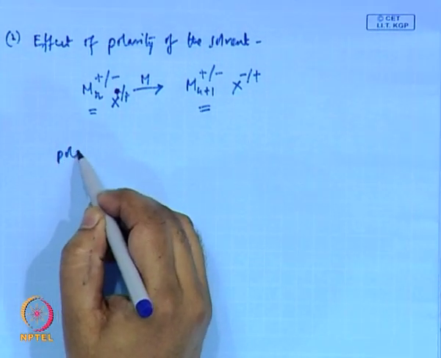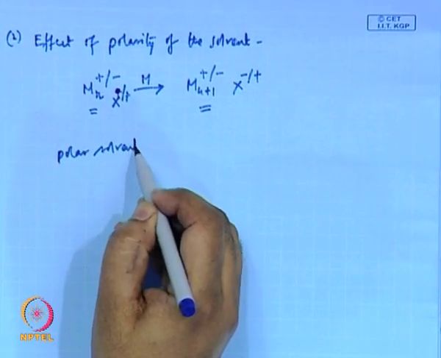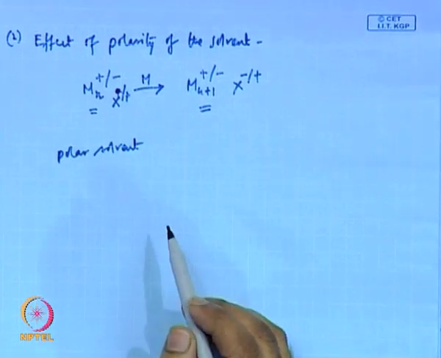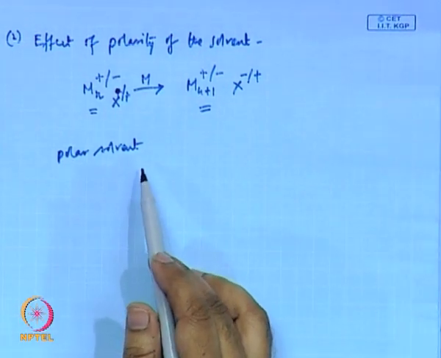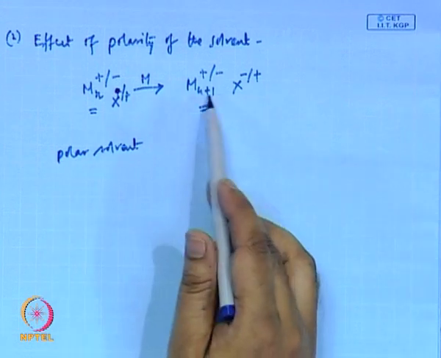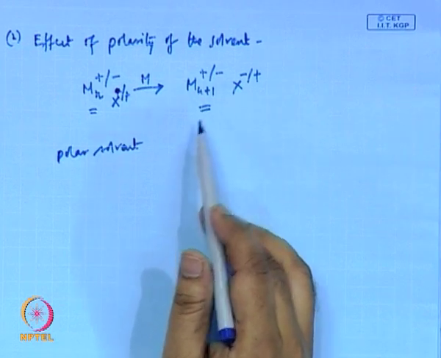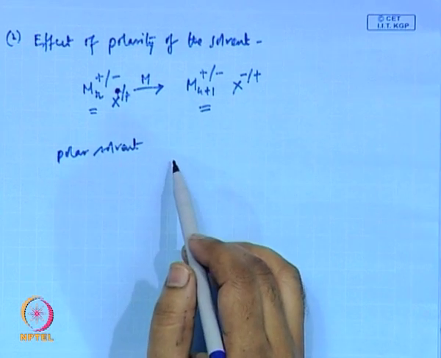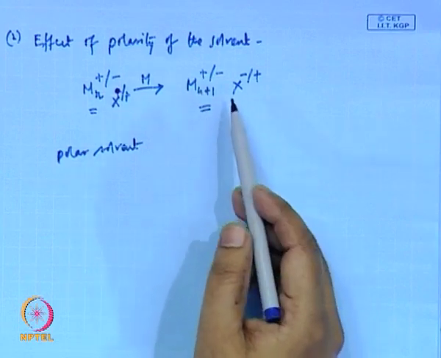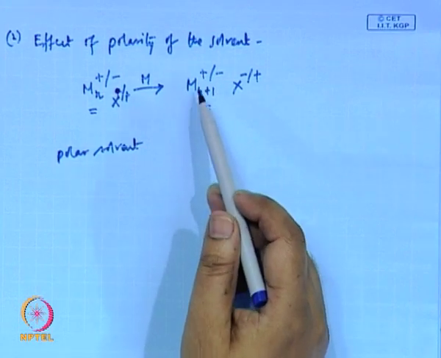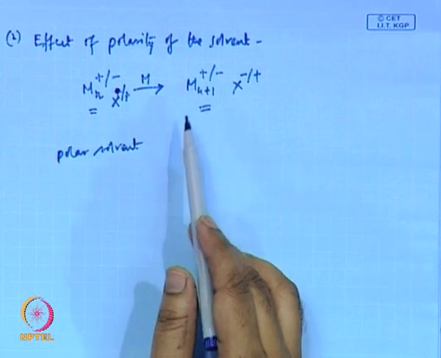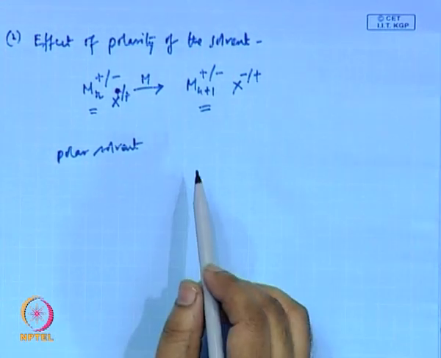So, it is always preferred that you do ionic reactions in a polar solvent, because then these oppositely charged ions will be well separated in the medium, and the reactivity of the active center in the propagating chain will be higher. So, you have a higher rate of reaction and eventually higher molecular buildup.